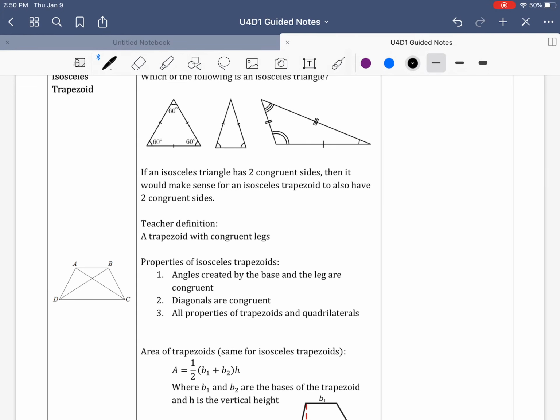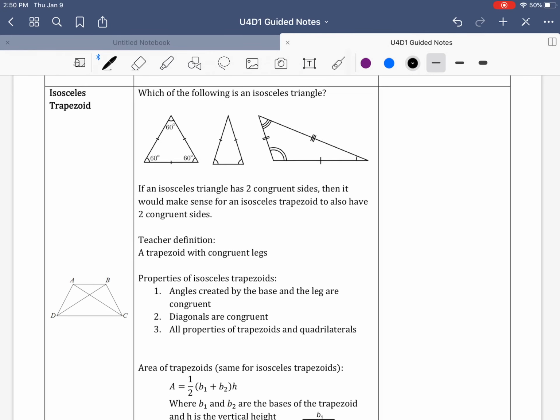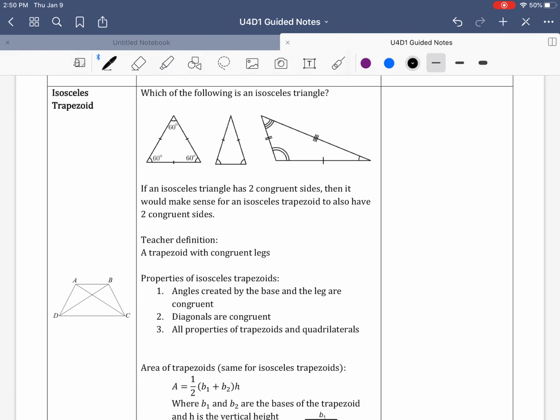All right, now we're at isosceles trapezoids. So, real quick review, which of these triangles is an isosceles triangle? Now, if we remember, the word isosceles should tell you that there are 2 congruent sides, which means it should be this one.